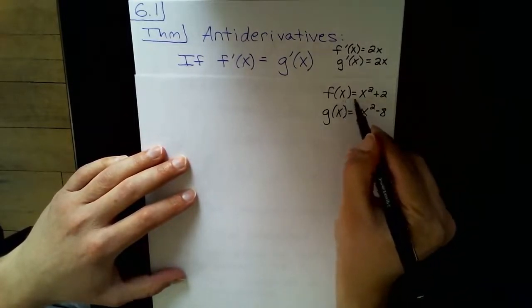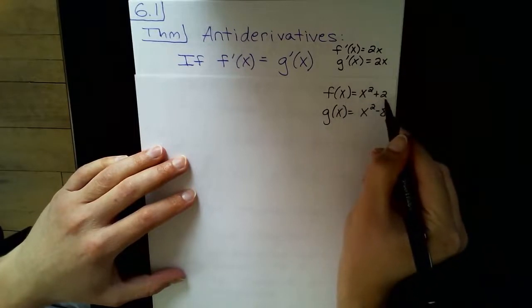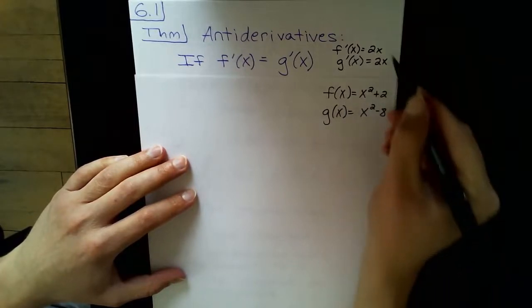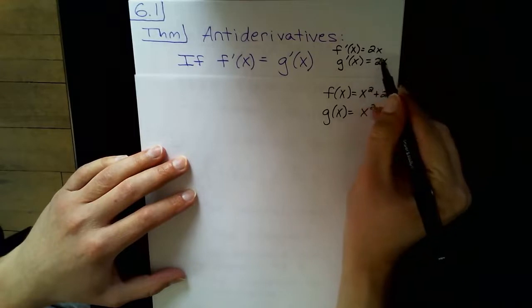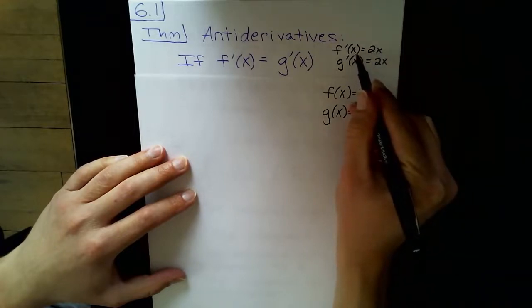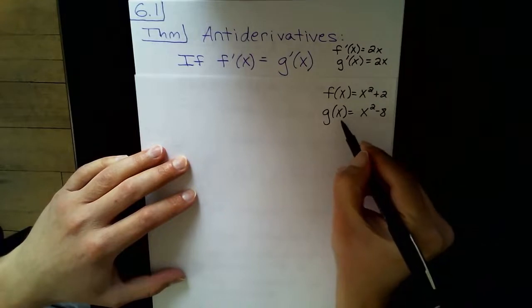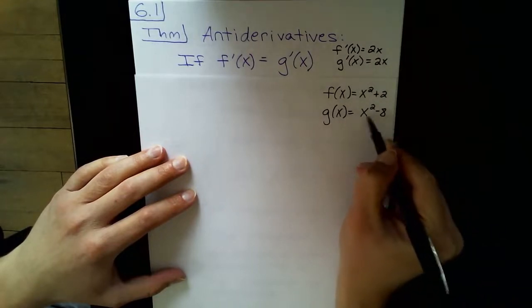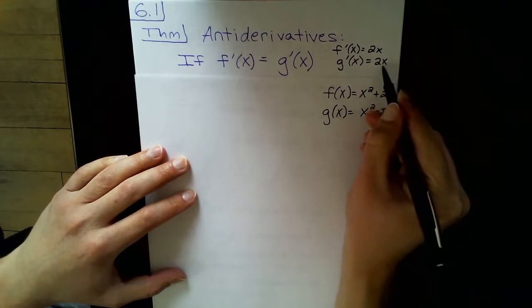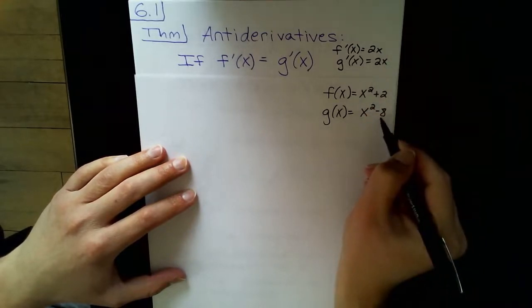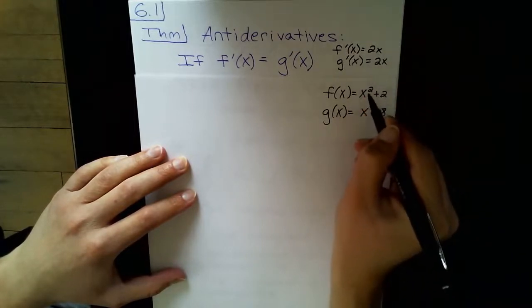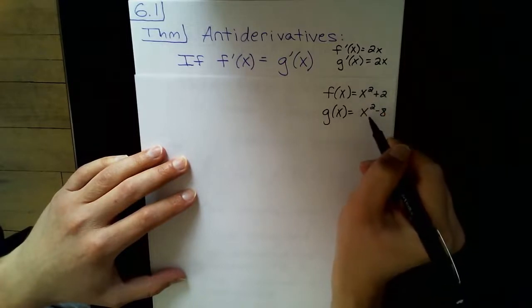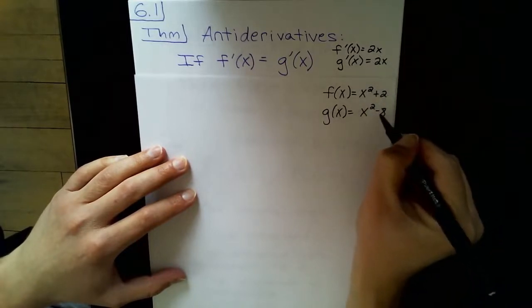The derivative of x squared is 2x, and the derivative of 2 is 0, so we're left with 2x for f prime of x. Likewise, for g of x equals x squared minus 8, the derivative of x squared is again 2x, and the derivative of negative 8 is also 0. So their derivatives are equal, but the original functions are different just by a constant value. Only the 2 and the negative 8 are different.